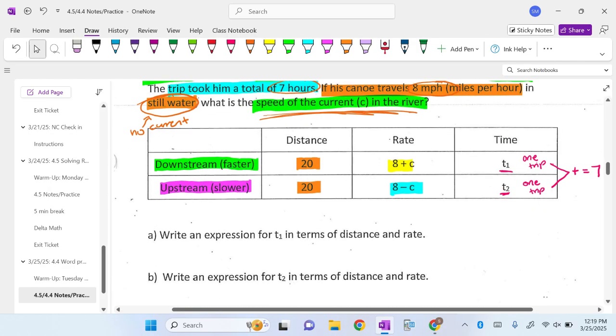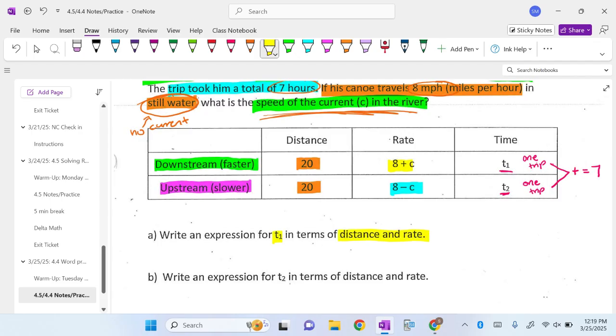Now, we're going to write an expression to describe T1 in terms of distance and rate. So first off, how do I find time in terms of distance and rate? What's the formula? T is equal to what? Distance over rate.